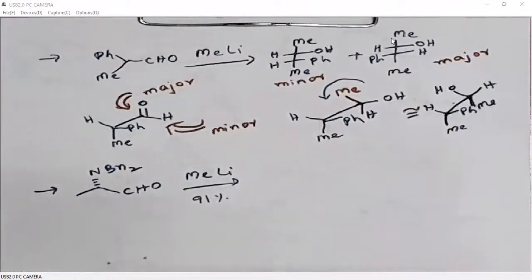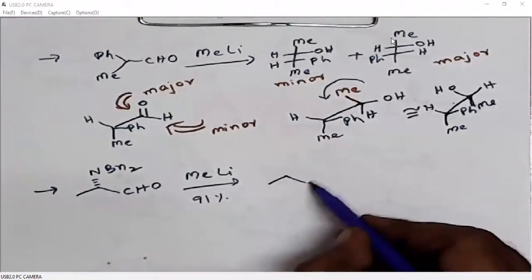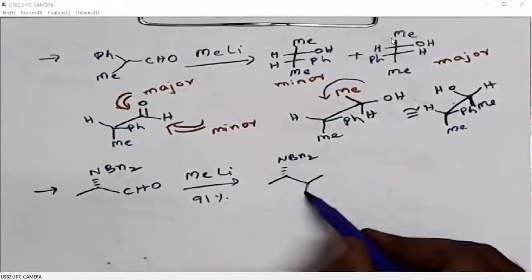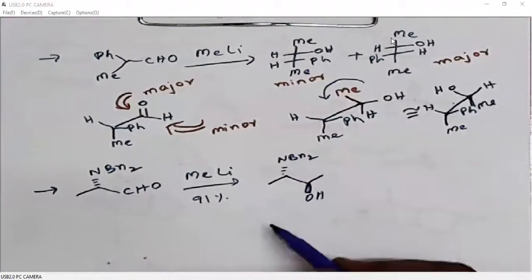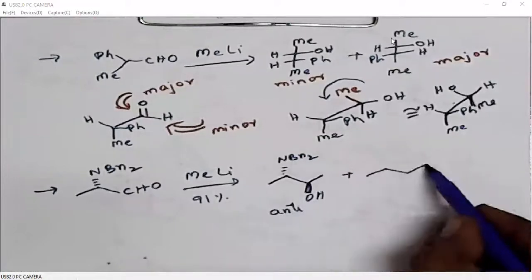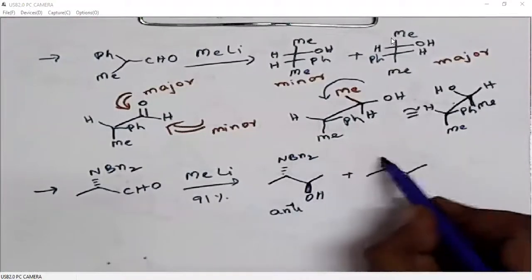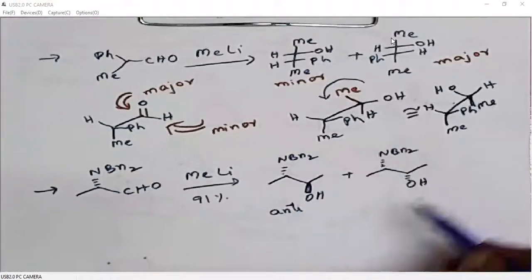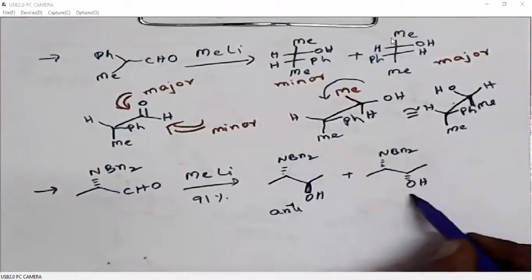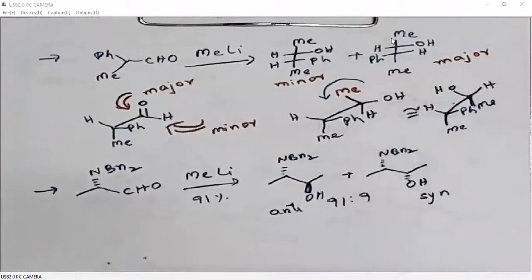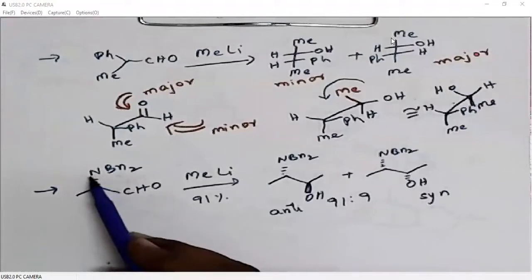So take that model and we can easily predict that anti is the major product, whereas syn product is the minor product. Use the Felkin-Anh model with one electronegative atom.